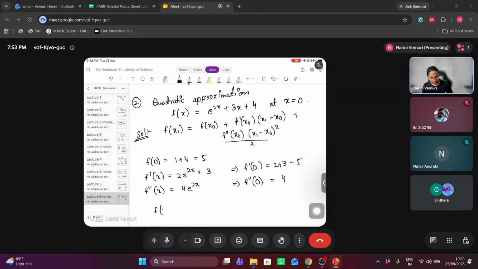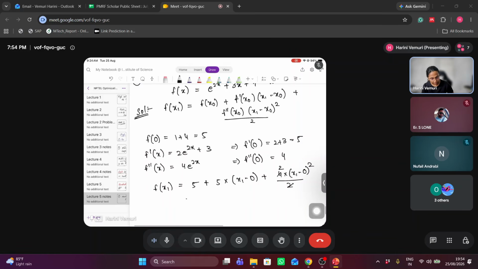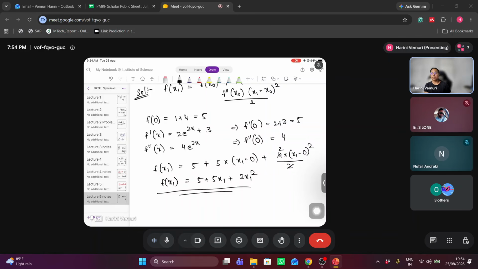Just by substituting this, f of x1 is 5 plus 5 into x1 minus 0 plus 4 into x1 minus 0 whole square by 2. Therefore, it is 5 plus 5x1 plus 2x1 squared. This is our first approximation that we get when x naught equal to 0.